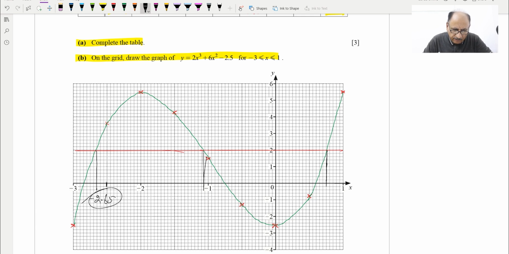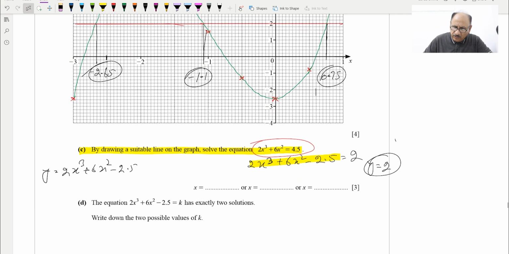This will be 1 minus 1.1, and this one will be 0.75. So these values we can write here: 0.75, minus 1.1 and minus 2.65. That's all. These will be our answer for 3 marks.